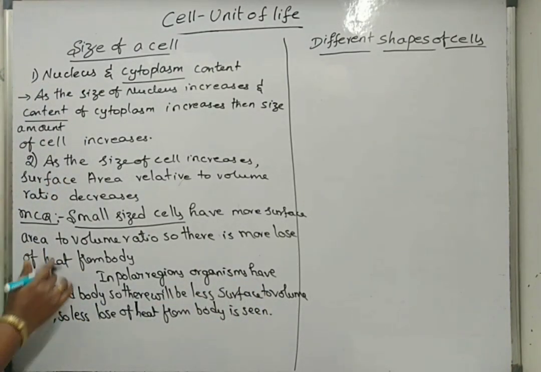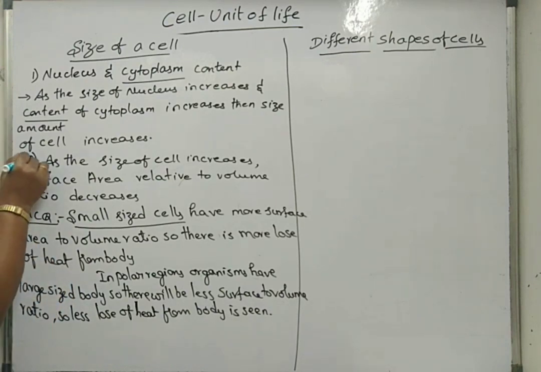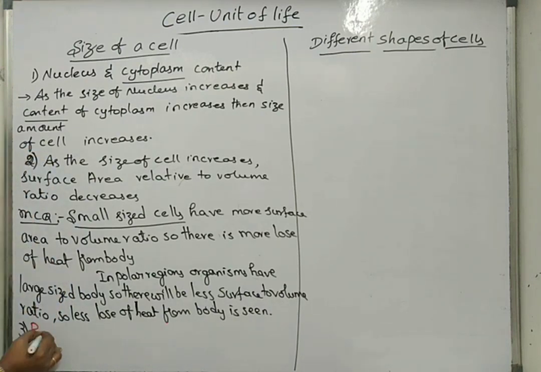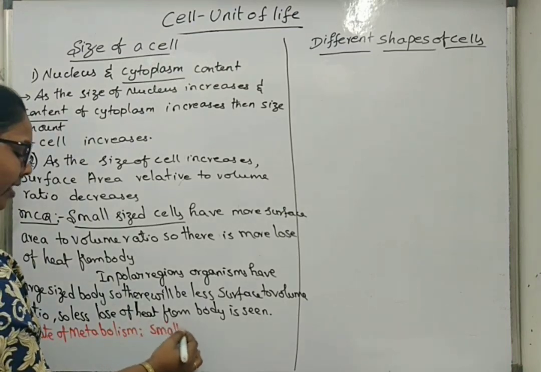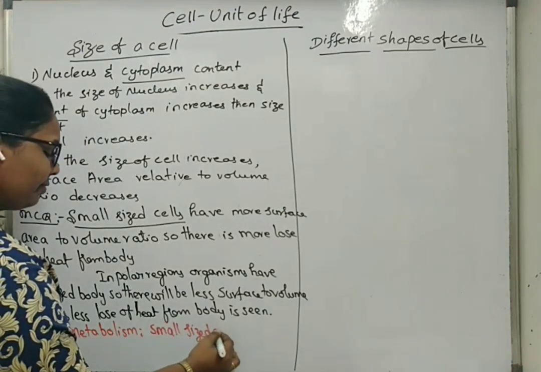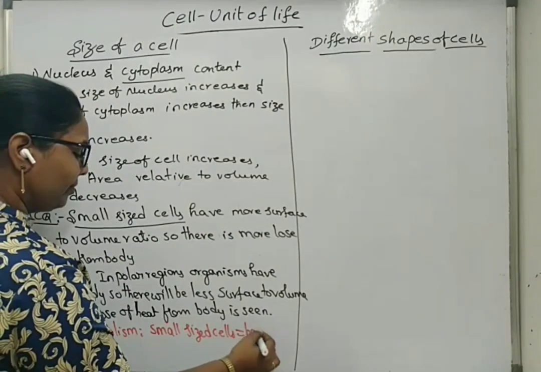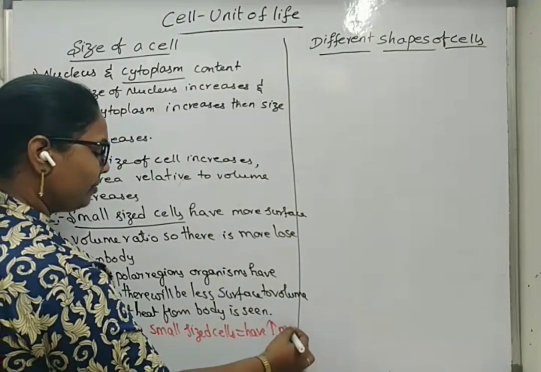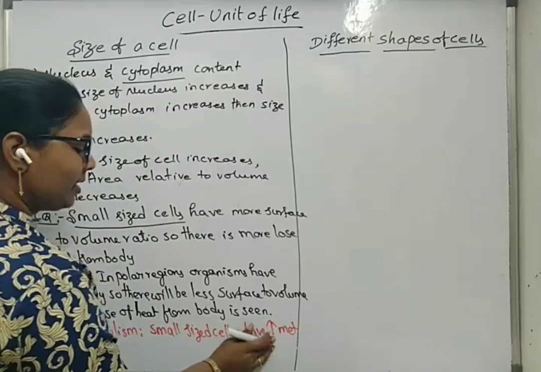So these are two factors. Third, rate of metabolism. Small sized organisms have high metabolism, representing it with an arrow mark.